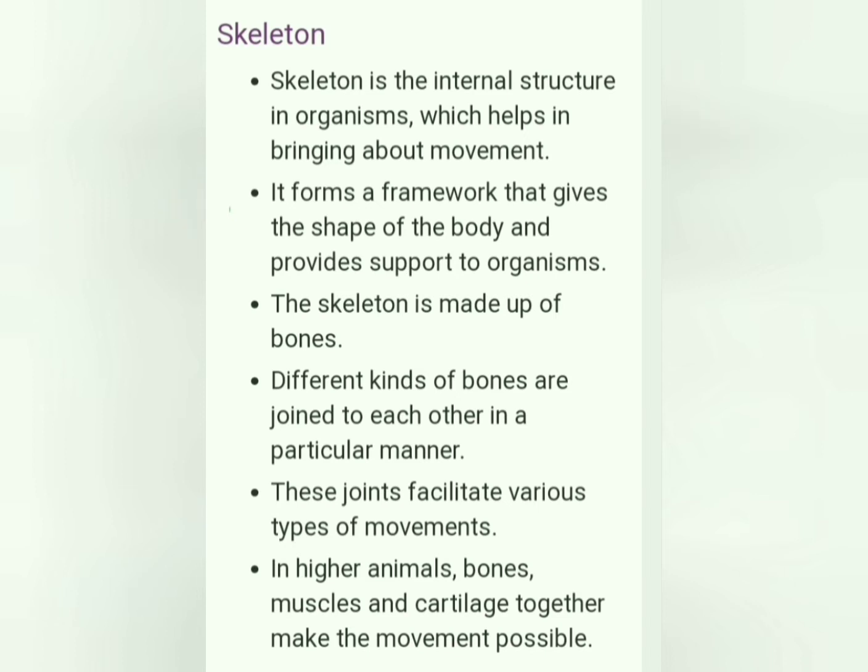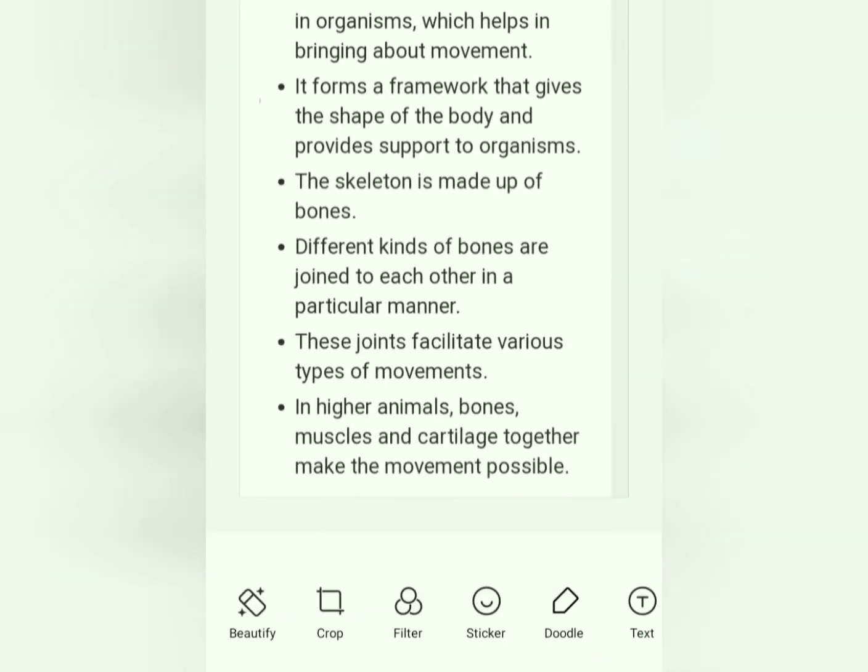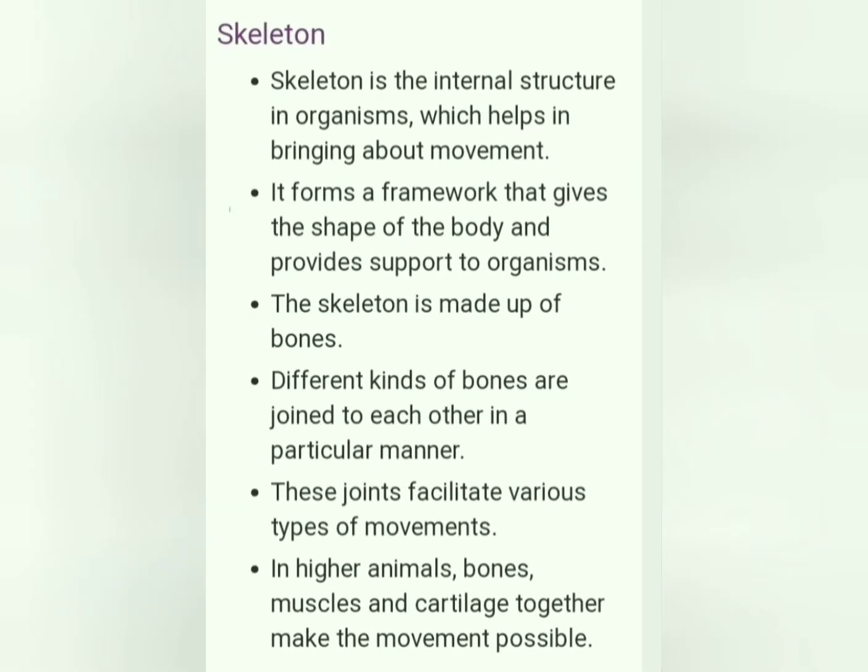From this we say that the human skeletal system also helps to move our body. In higher animals, bones, muscles and cartilage together make the movement possible. Not only bones, but muscles and cartilage are also very important to move our body.